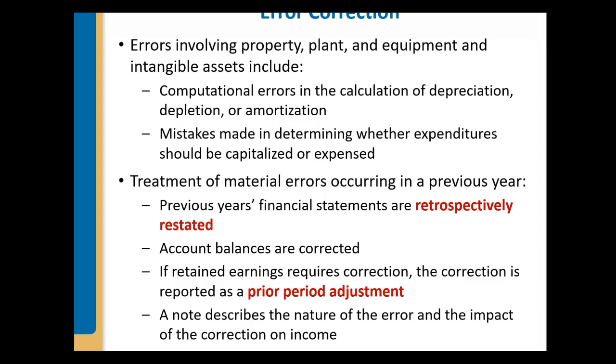Previous year's financial statements are then retrospectively restated. Account balances are corrected. If retained earnings requires correction, the correction is reported as a prior period adjustment. And a note describes the nature of the error and the impact of the correction on income.